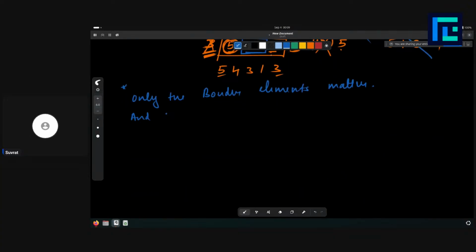Another observation that I made is that after the ith move, the ith element would be one of the border elements.